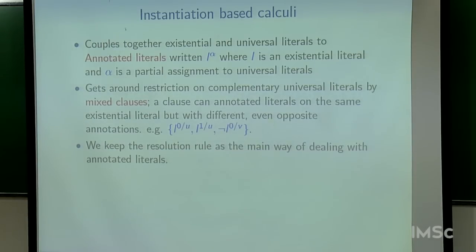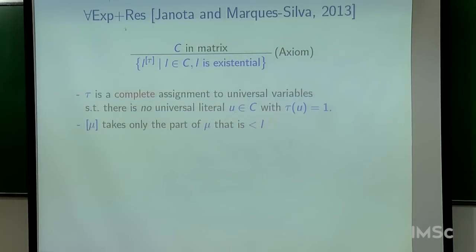So that's the framework of how these instantiation-based calculi can form. An example of one is a very simple one, this forall expansion plus resolution, this expansion calculus. And here we just have resolution and an axiom rule. In this axiom rule, we're looking at the clauses in the matrix, but we instantiate these clauses to clauses of just annotated literals.